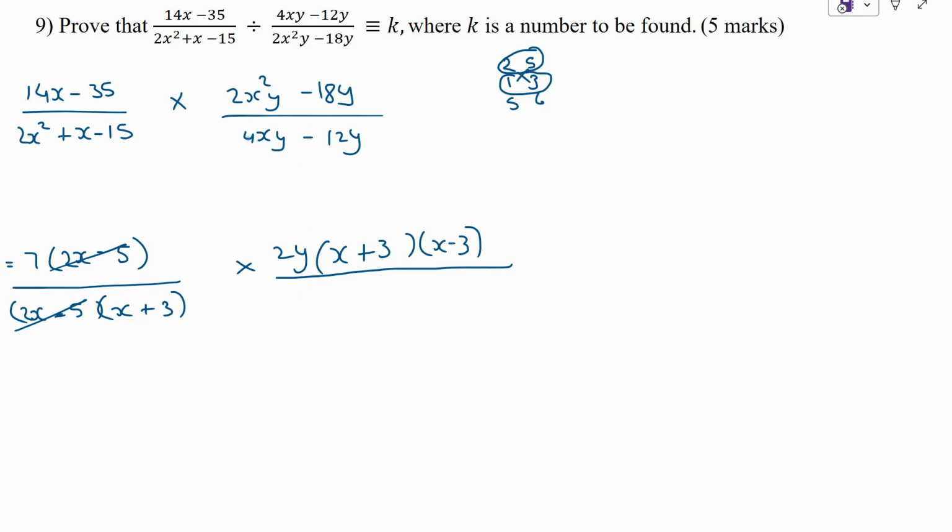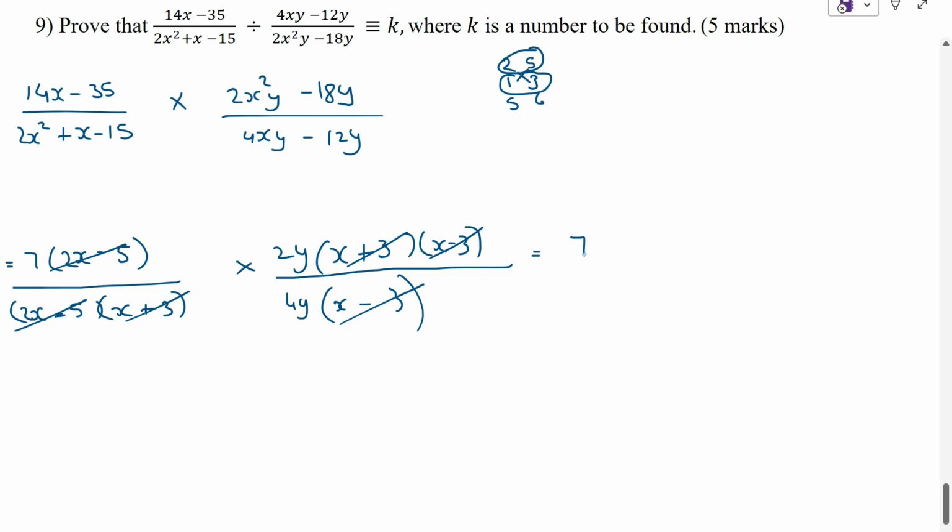So we can take out 4 and we can take out y as a common factor. So 4y, and we're going to multiply that with x and 3. Okay, so x plus 3 cross cancels out. x minus 3 can be cancelled out too.